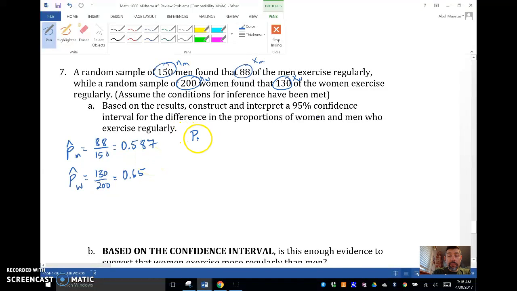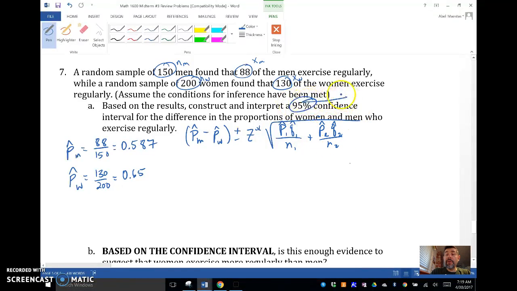So the confidence interval for a 2-prop looks like this: P M hat minus P W hat, or P1 hat minus P2 hat, plus or minus Z star times the square root of P1 hat Q1 hat over N1 plus P2 hat Q2 hat over N2. Now, we know this is 95% confidence, so the Z star is 1.96. So go ahead and plug everything in.